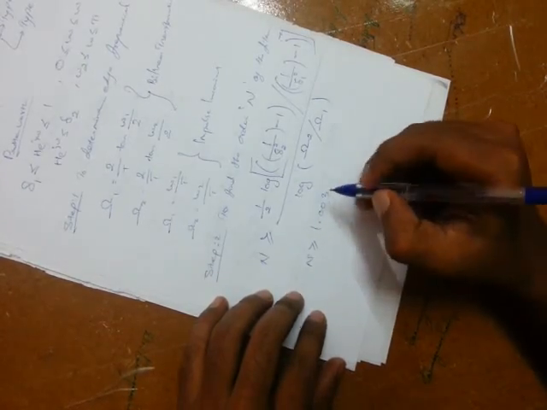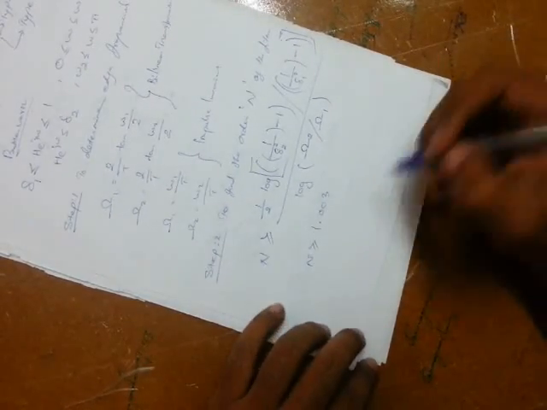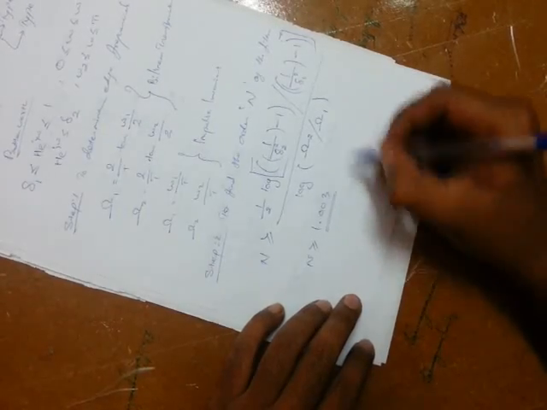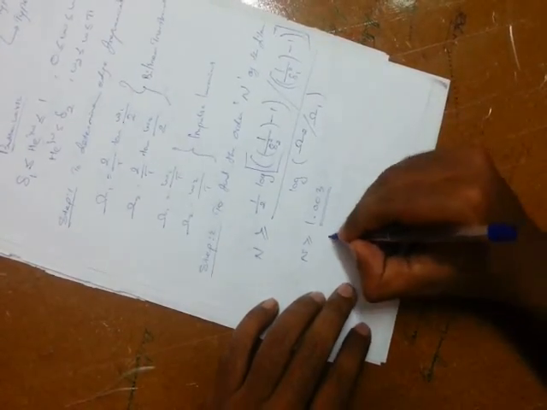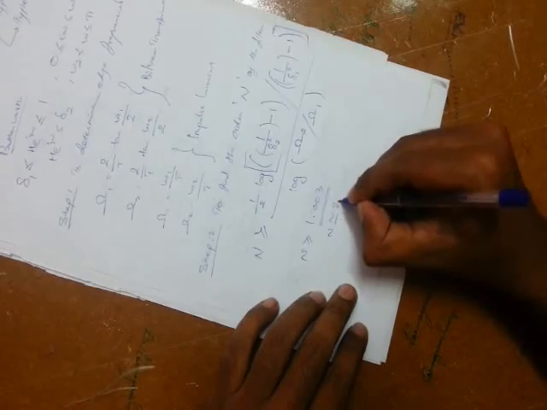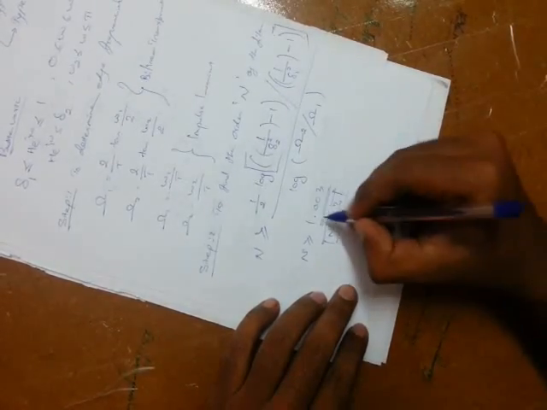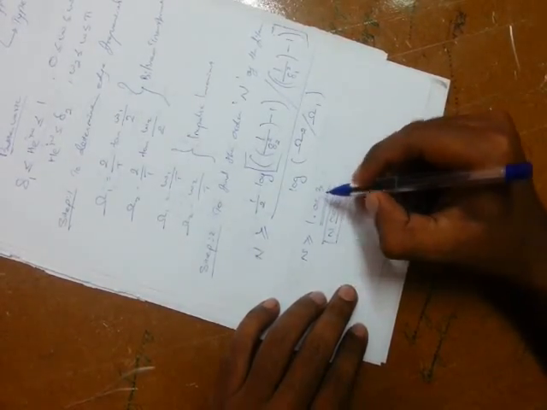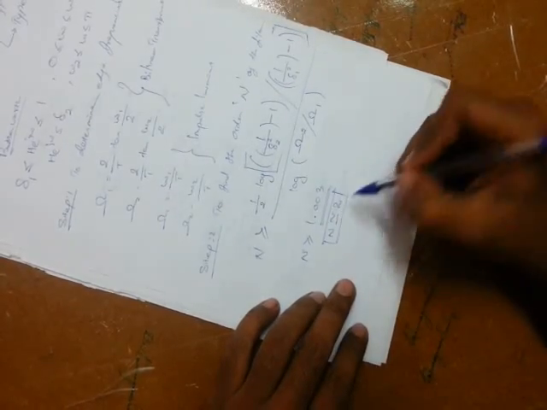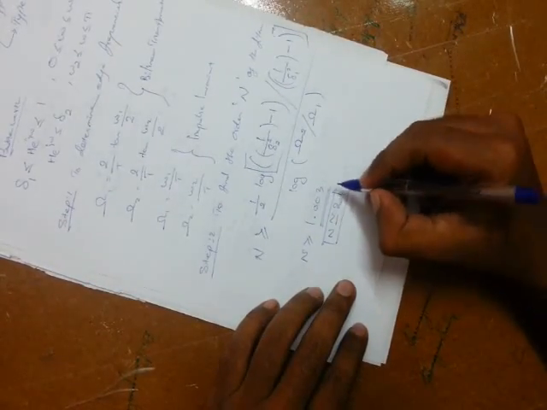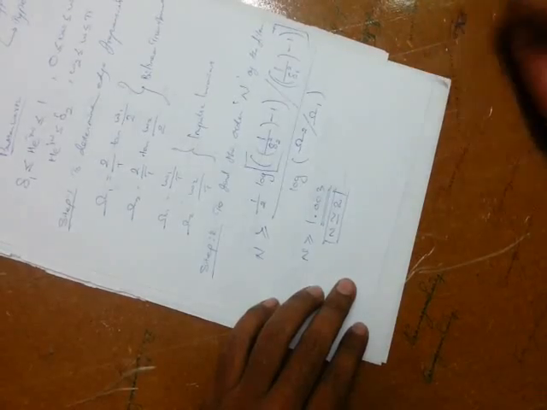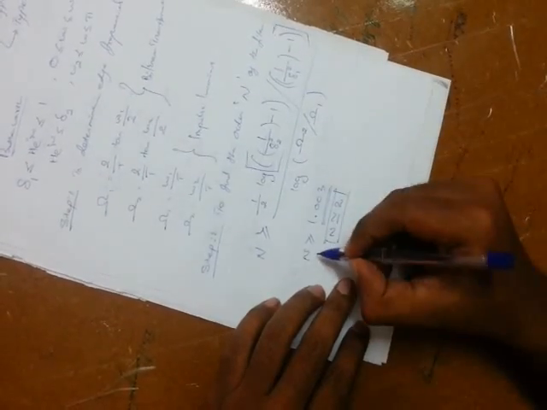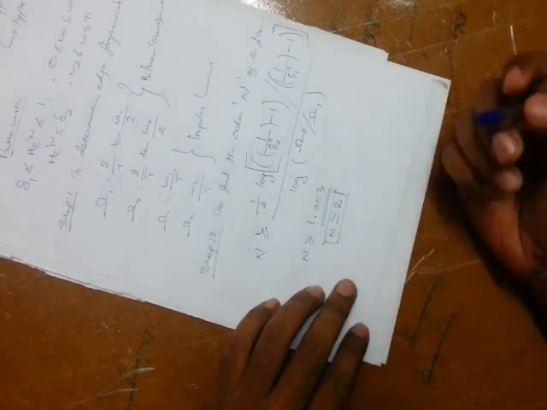1.003, or if you get some values like this, it has to be always rounded off to the next available integer. So this n has to be approximated as 2 and not as 1. Though we have 2 zeros here, it has to be approximated as 2, because the higher the order, the better the output. So always the formula is n is greater than or equal to.